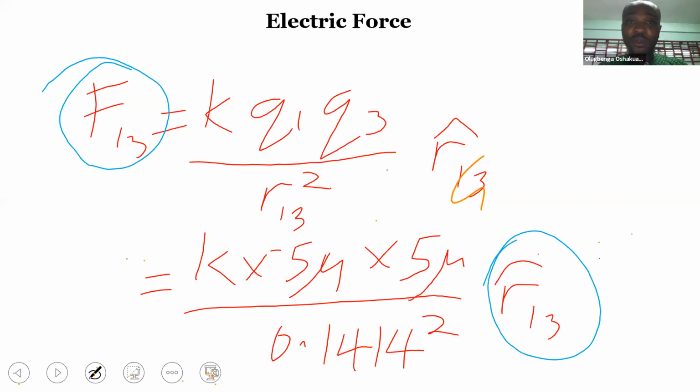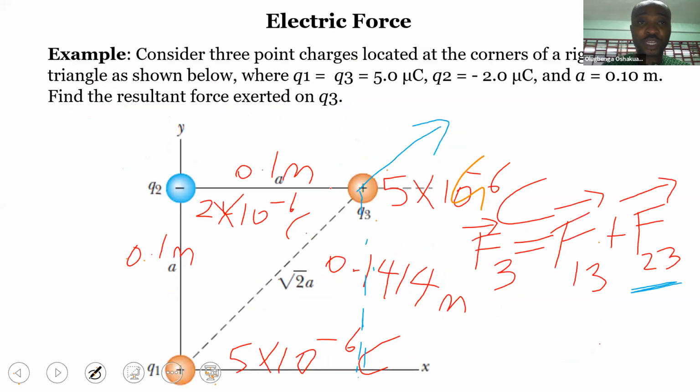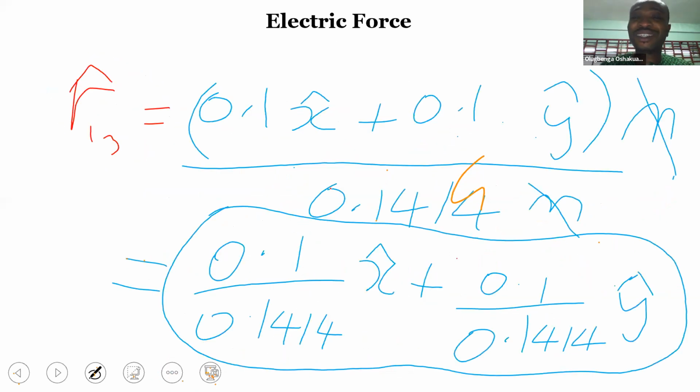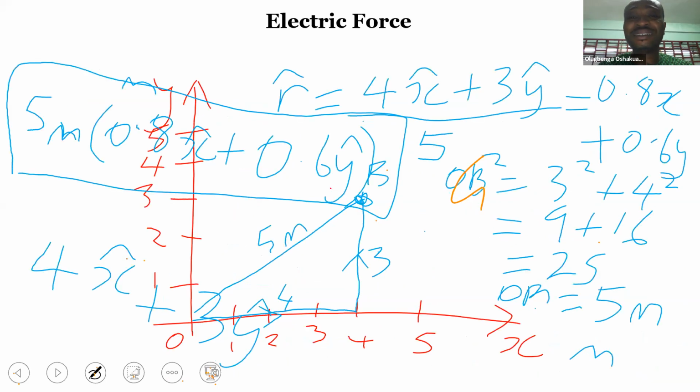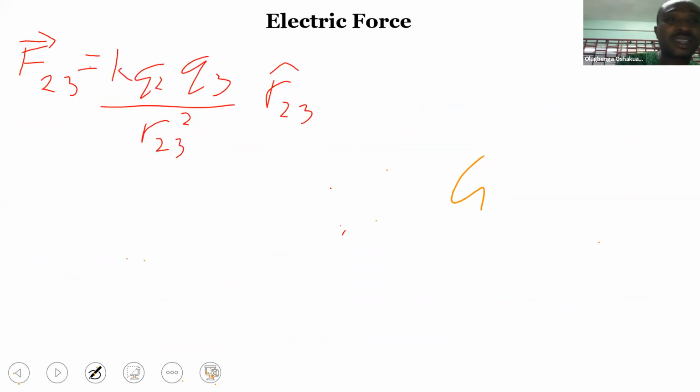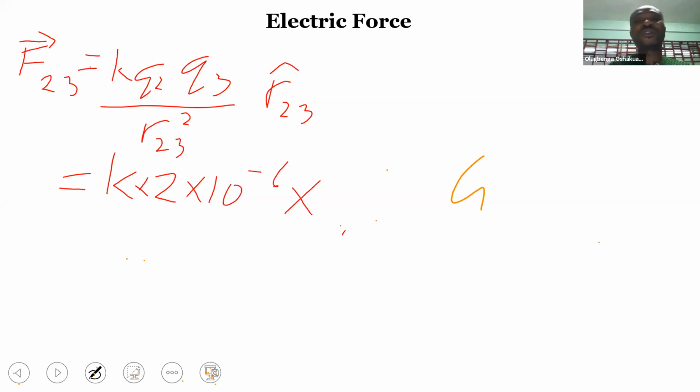So we are interested in Q2 and Q3, and Q2 is 2 microcoulomb. We don't really need to bother ourselves with the sign. After K, we say 2 times 10 raised to the power minus 6. We don't need to specify the minus here. We are interested in the magnitude at this corner.